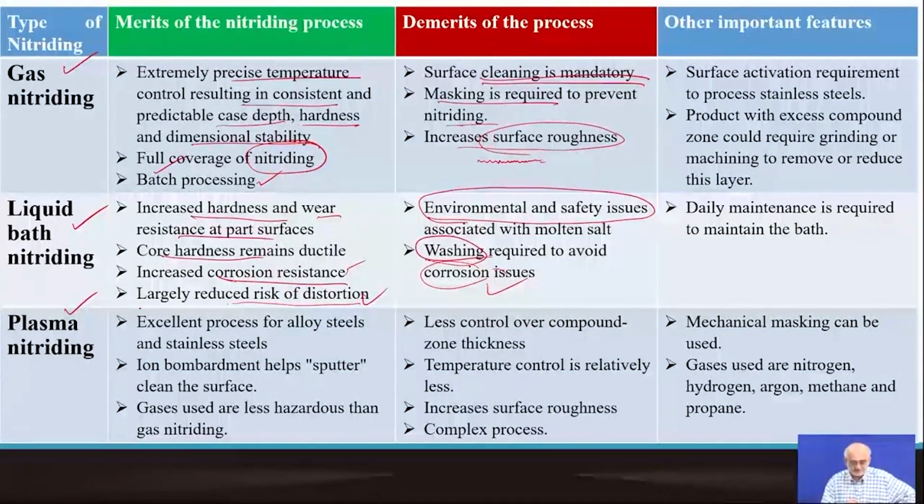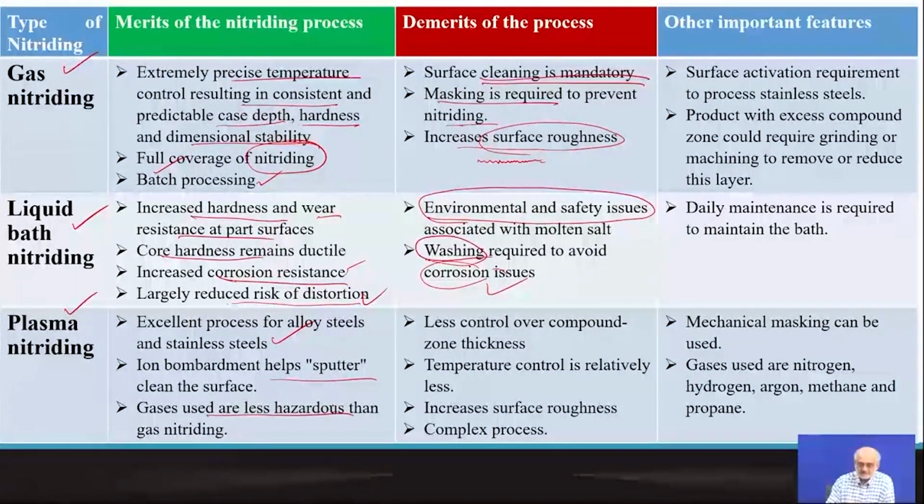In the case of plasma nitriding, much of this is not needed. First of all, the advantages. Excellent process control, and it can be done for stainless steel or titanium or any other metallic component which is prone to formation of nitrides. You actually can do quite a bit of sputtering at the beginning, before the nitriding process starts, so that the surface is cleaned, and you also create certain defects which subsequently may help.